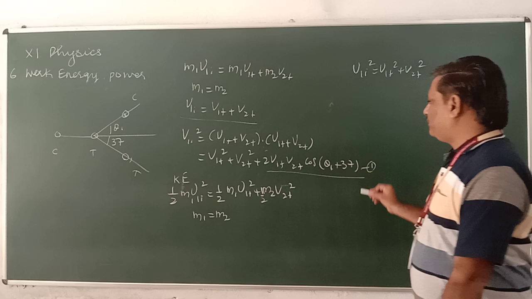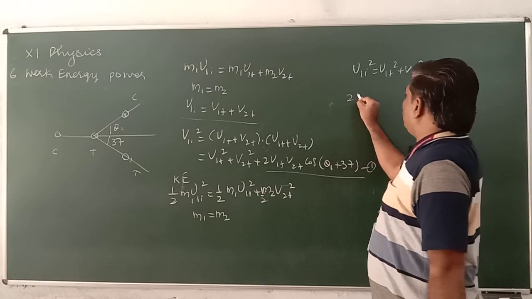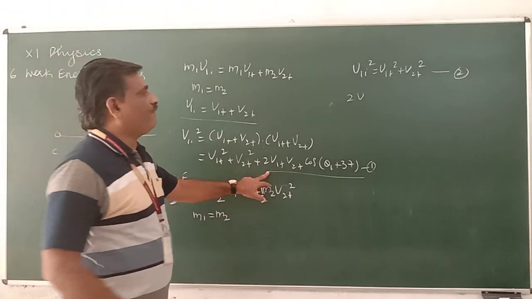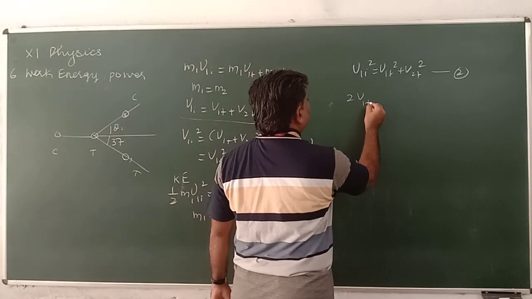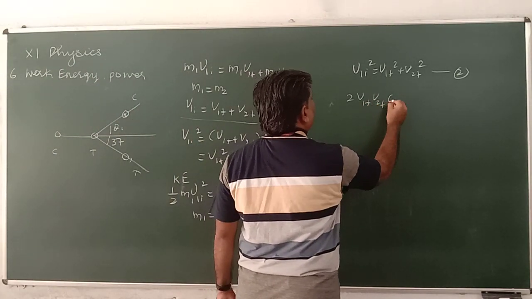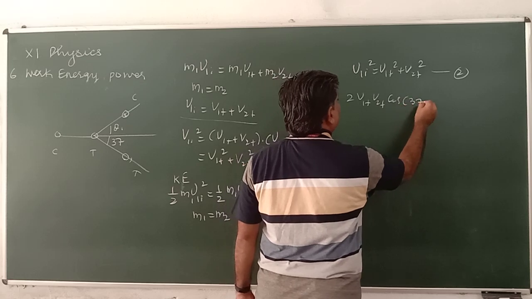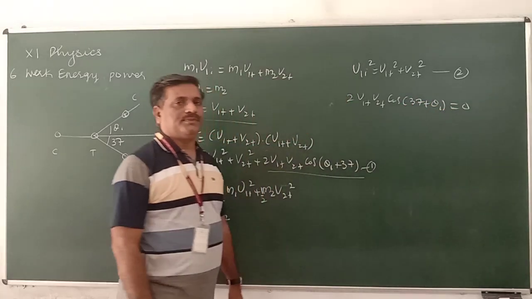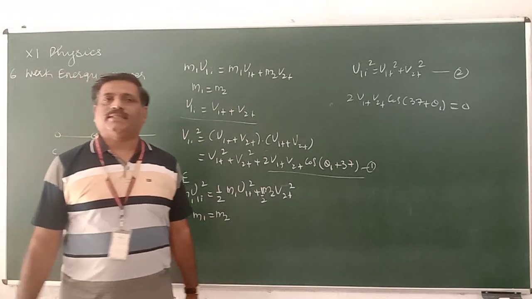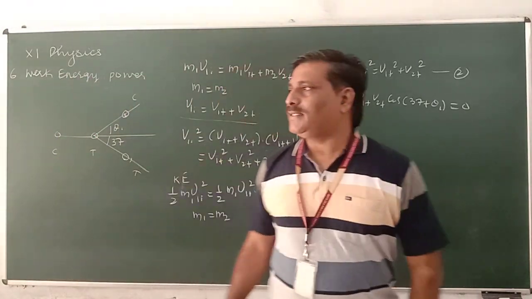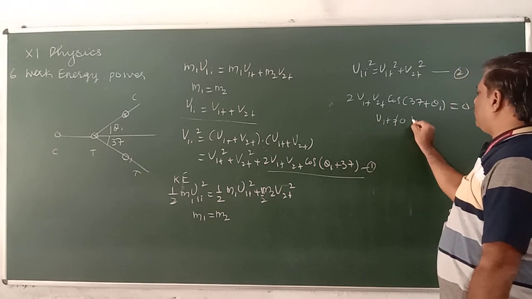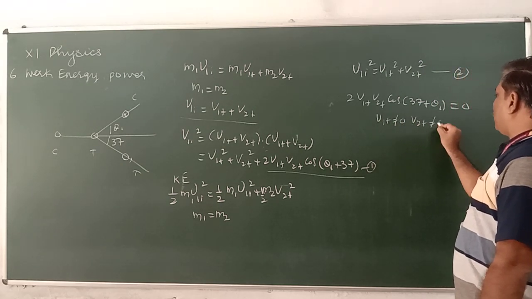This term, 2 v1f v2f cos of 37 plus theta 1, is equal to 0. If it is 0, what does it indicate? It indicates that v1f is not equal to 0 and v2f is not equal to 0.